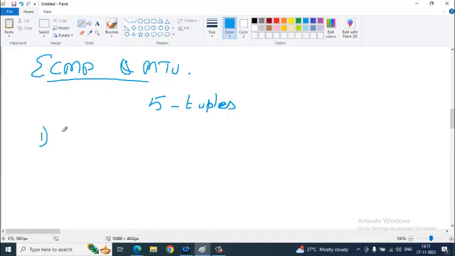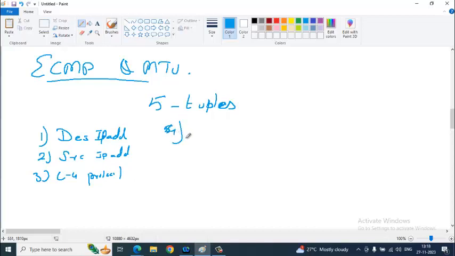Number 1, destination IP address. 2, source IP address. 3, layer 4 protocol, like services. 4, destination layer 4 port number. 5, source layer 4 port number. Using any one of these, load sharing can be done.